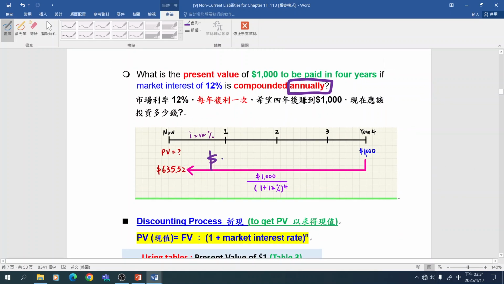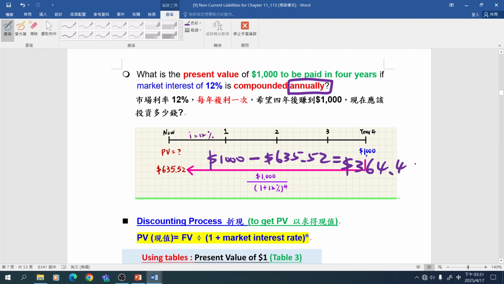So what's the interest you get? 1,000 minus 635.52. So what's the interest you get from page 10, the first case, compounding annually? How much? 364.48, the interest.